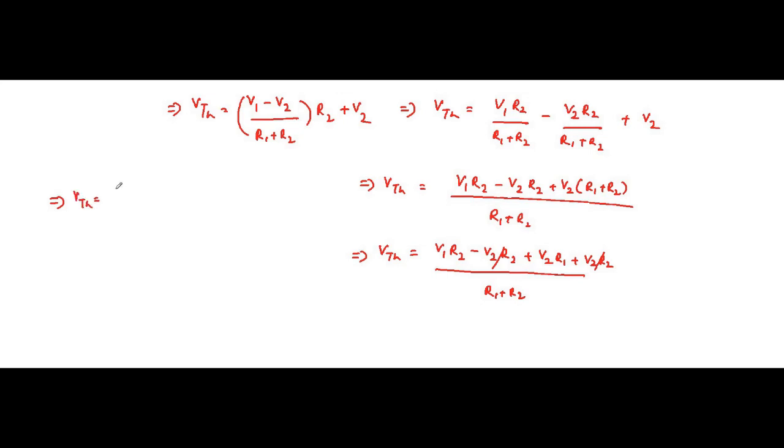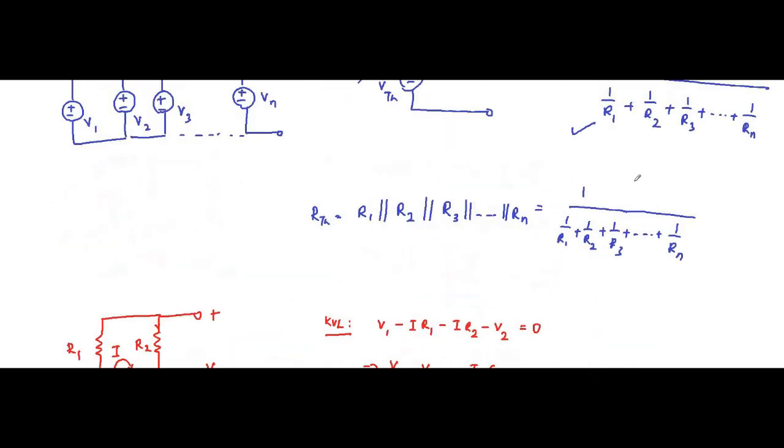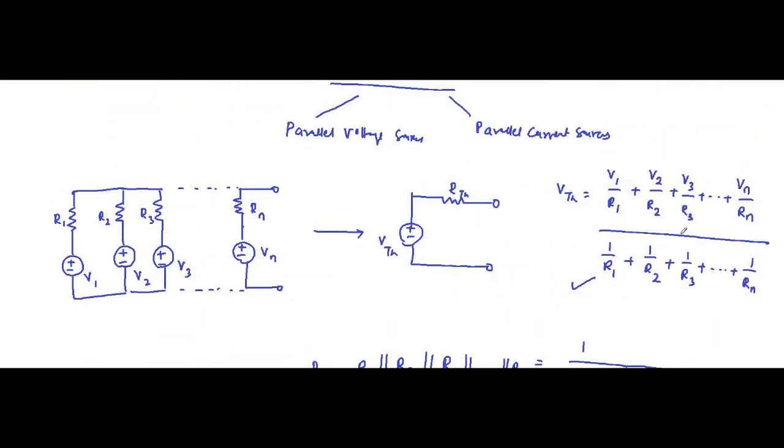VTH is V1 R2 plus V2 R1 by R1 plus R2. But this is not the format which we got earlier.